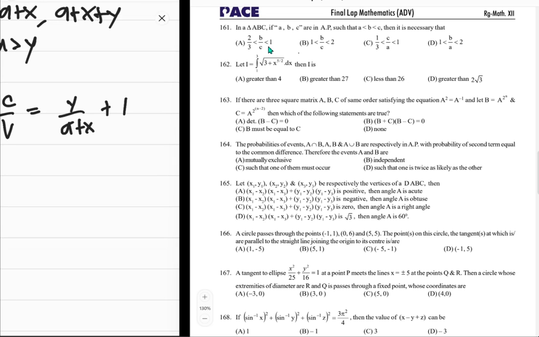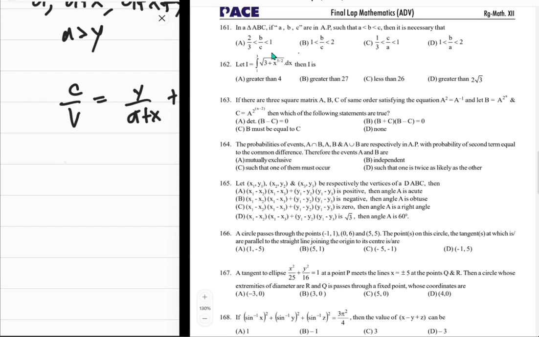So it's definitely bigger than 1, right? C upon B is bigger than 1. And this is like Y upon A plus X. If X approaches infinity then this thing approaches 0. If X approaches 0, that gives us the maximum value.